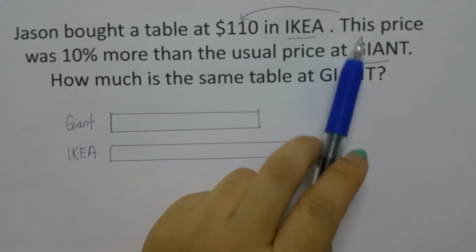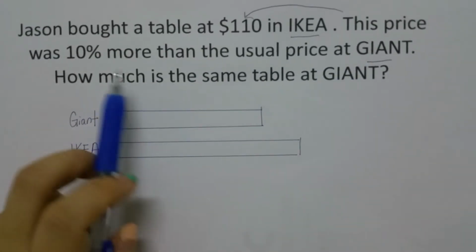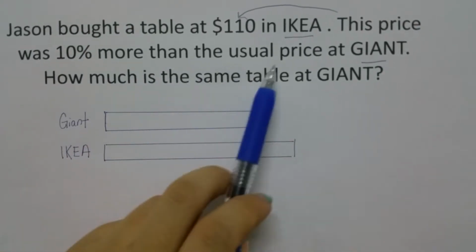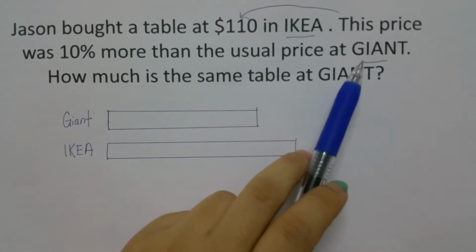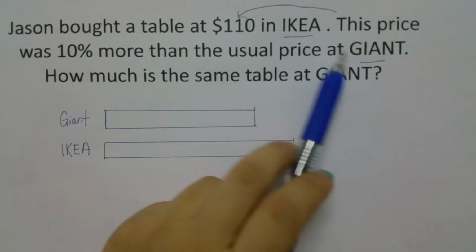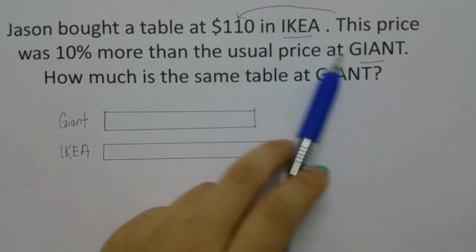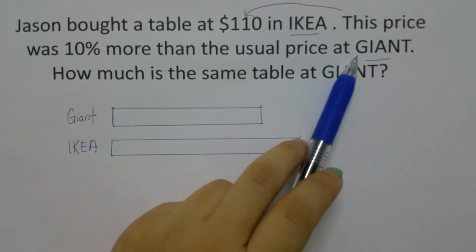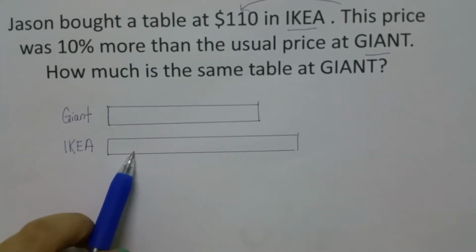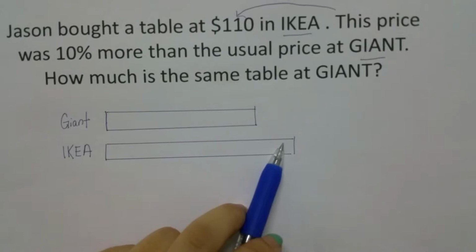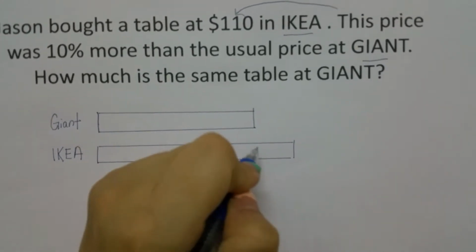So now let's look at this statement again. This price was 10% more than the usual price at Giant, which means which one, the table in which supermarket, the table cost more. Actually, at IKEA, it costs more, right? So it costs how much more?